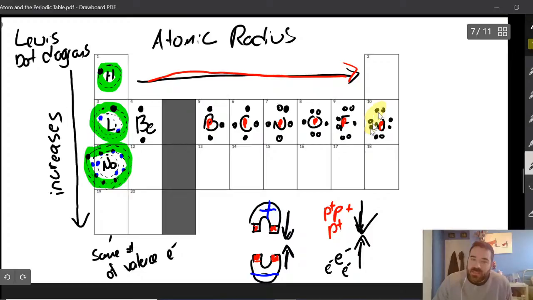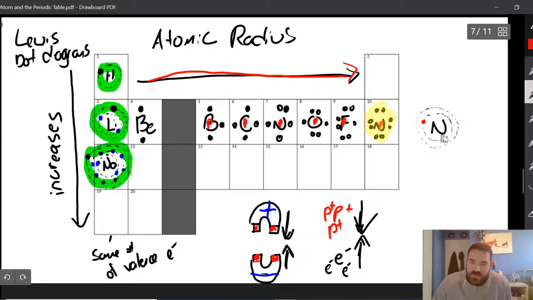So the atoms over here are actually going to be smaller because everything's being pulled in tighter. So if I were to draw neon, let's draw it with its first orbit and its second orbit, and it's going to keep its orbits really close because it's really attracting in those electrons.